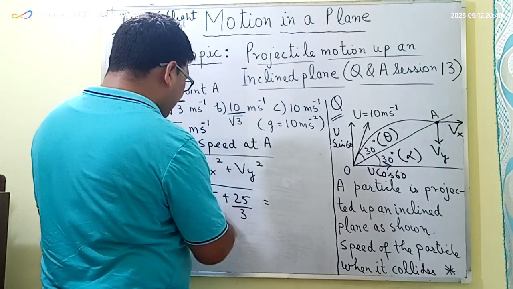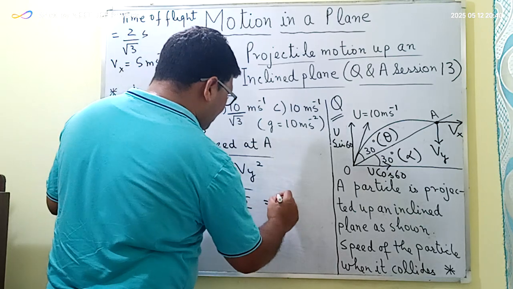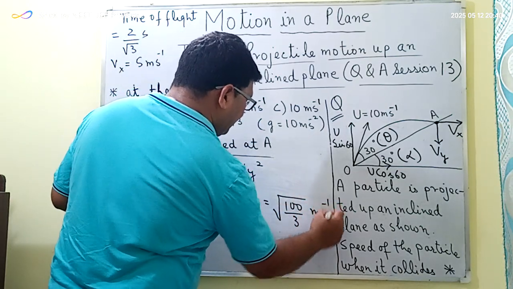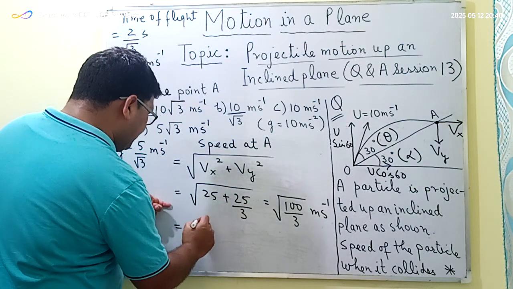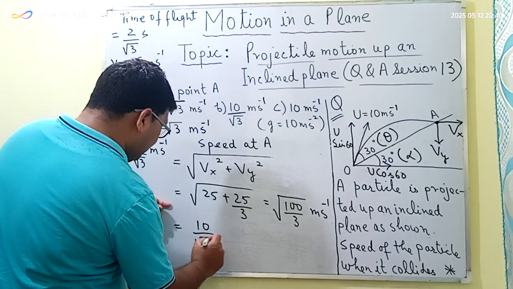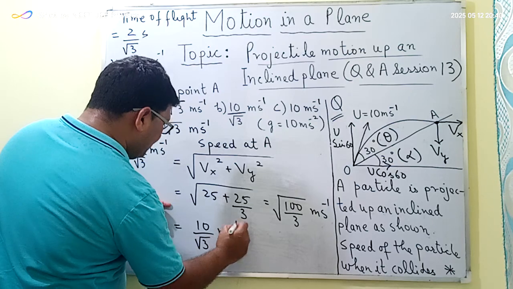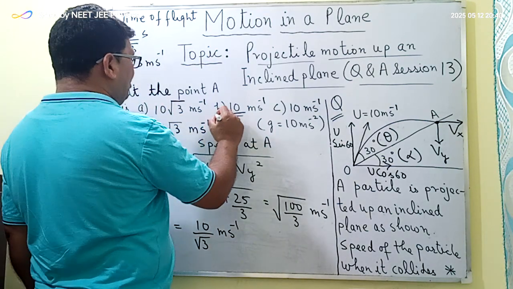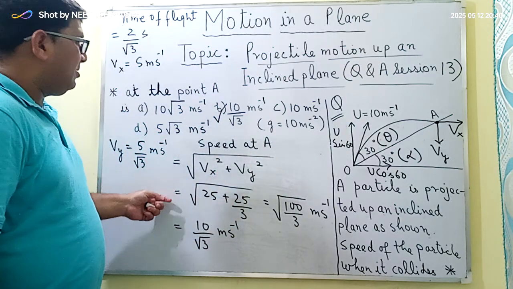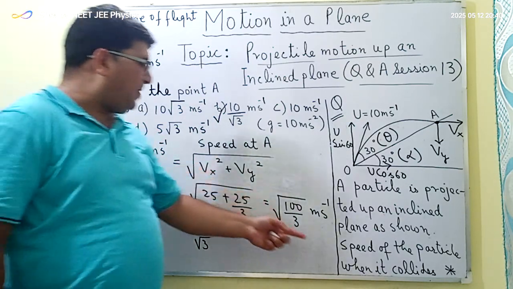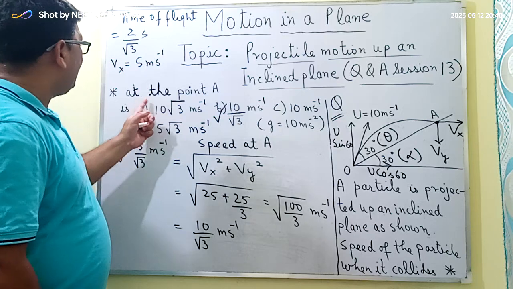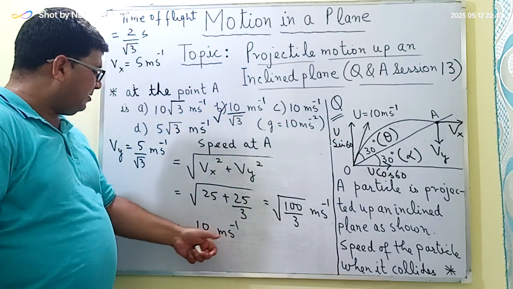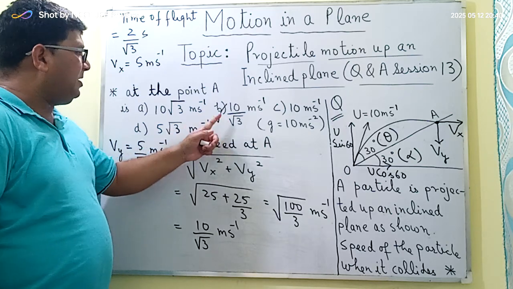This can be written as 100 upon 3, so the speed is 10 upon root 3 meters per second. So the correct option here is the second option, that is B. That is, the speed of the particle when it collides at the point A on this inclined plane will be equal to 10 upon root 3 meters per second, and the correct option is B.